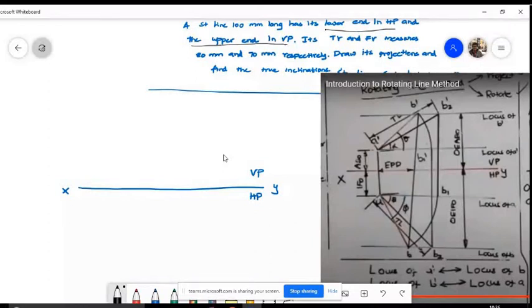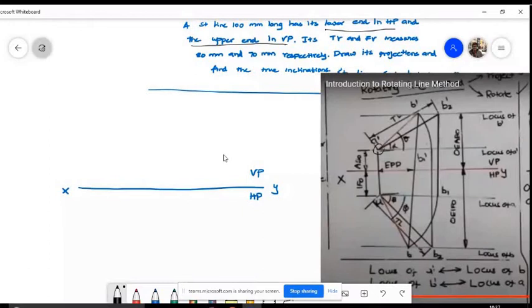Okay, you need to remember one thing. After completing, look at this particular drawing. The ends of the front view and top view.